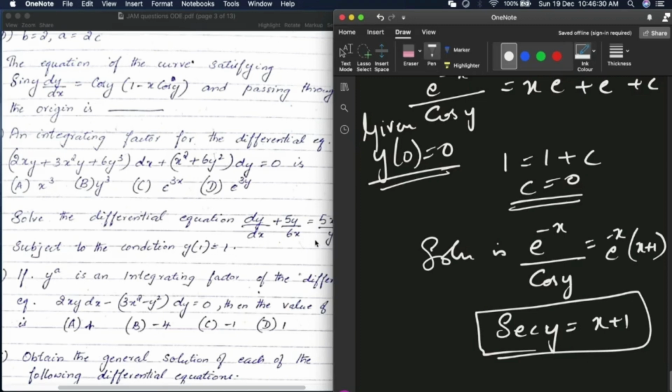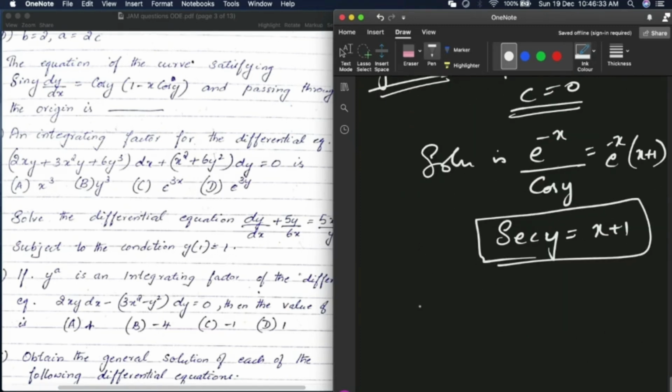What's the answer? Dou M by dou y is 2x plus 3x square plus 18y.